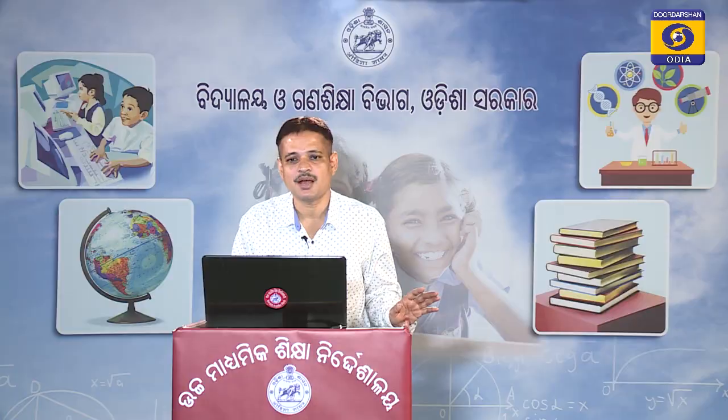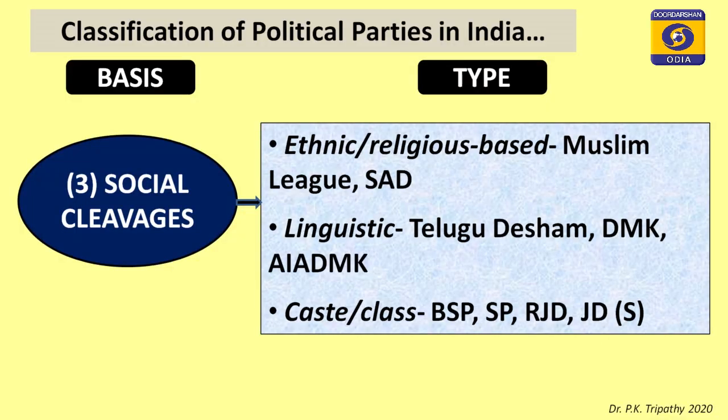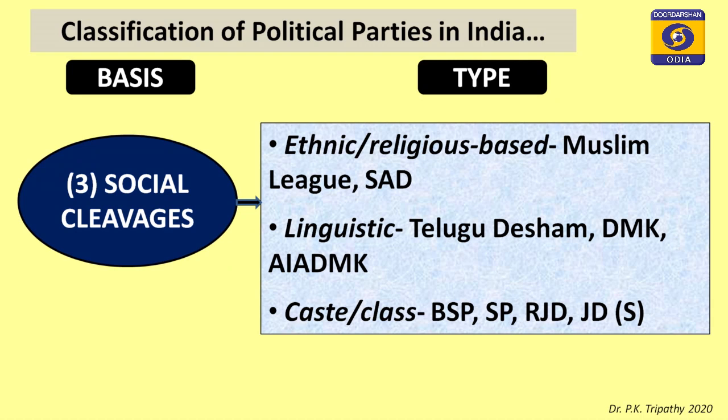Now, on the basis of caste or class, again caste and class are also another important part of the social cleavage. On the basis of caste and class, you can find BSP, Bahujan Samaj Party, whose vote bank is specifically the scheduled caste or the Dalit community. The Samajwadi Party is there, which is active in Uttar Pradesh, and whose pure vote bank is the Yadav community and Muslims. The RJD, Rashtriya Janata Dal, which is very active during Bihar elections, has a vote bank that is also MY.